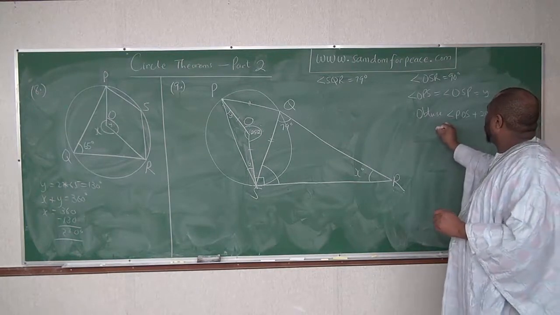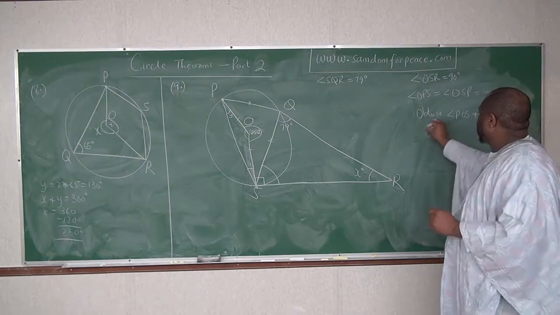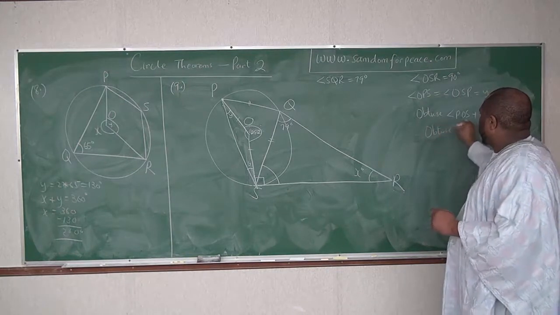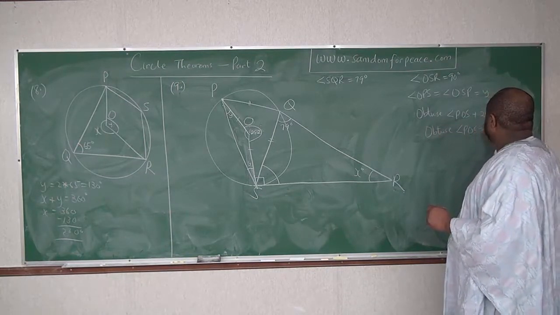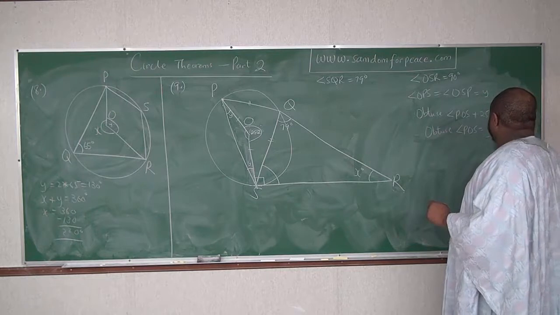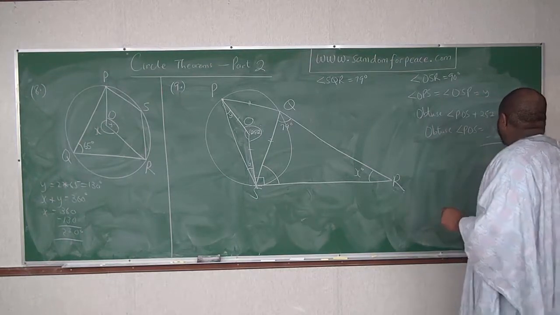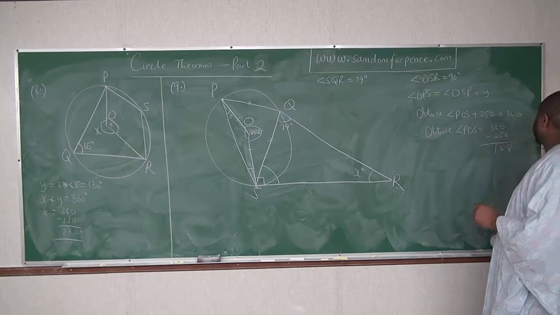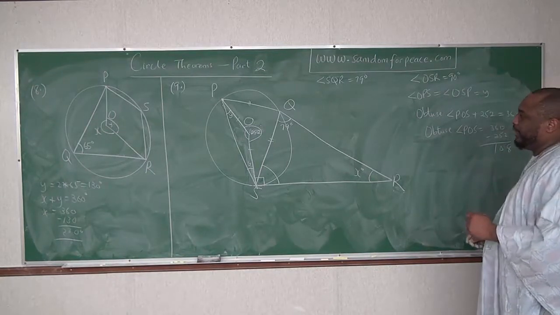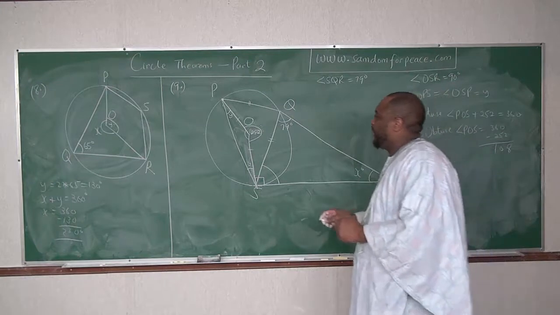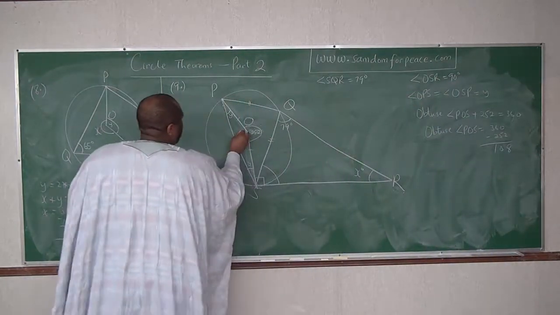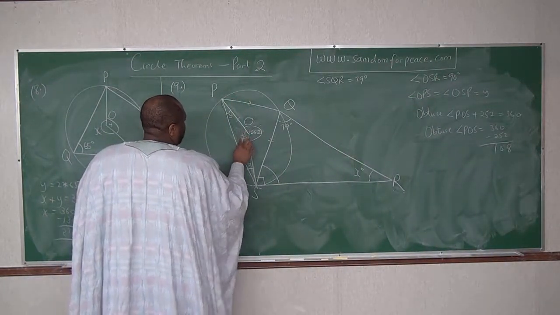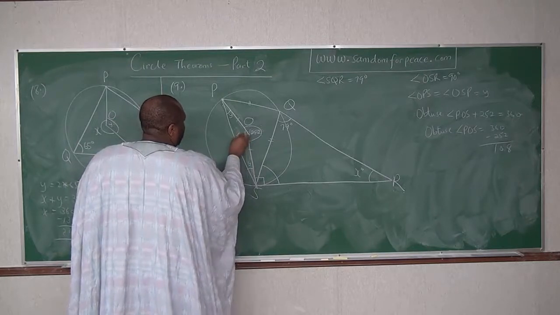So this obtuse angle POS is 360 minus 252, and this is 108. So this is 108 degrees here.